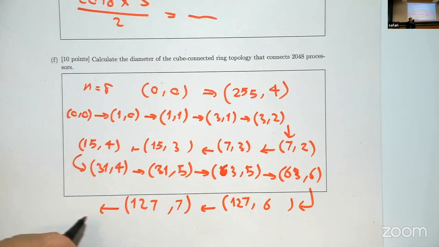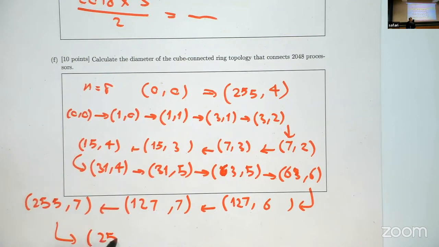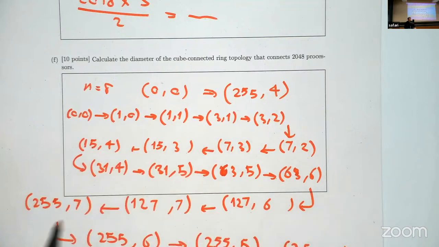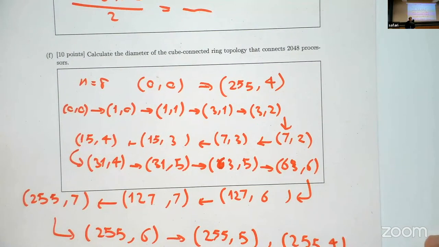Okay, now we go one link to hypercube, which is 255. Okay, now we are in the final ring. The rest is easy, actually. Okay, so then you need to count the number of hops, which then is going to be 18.